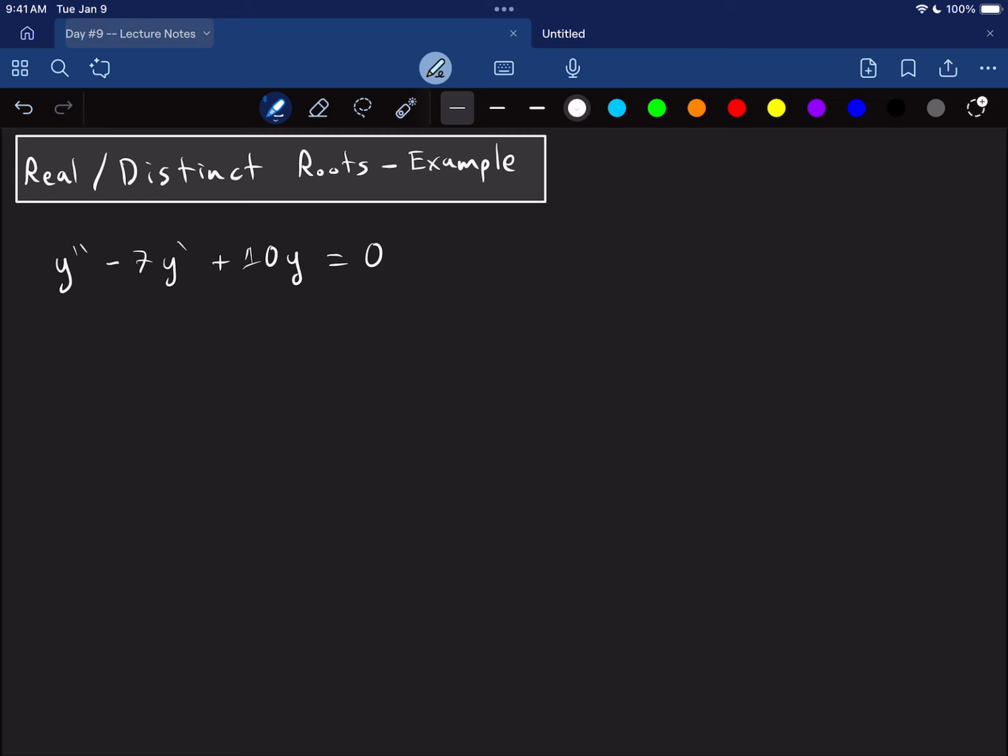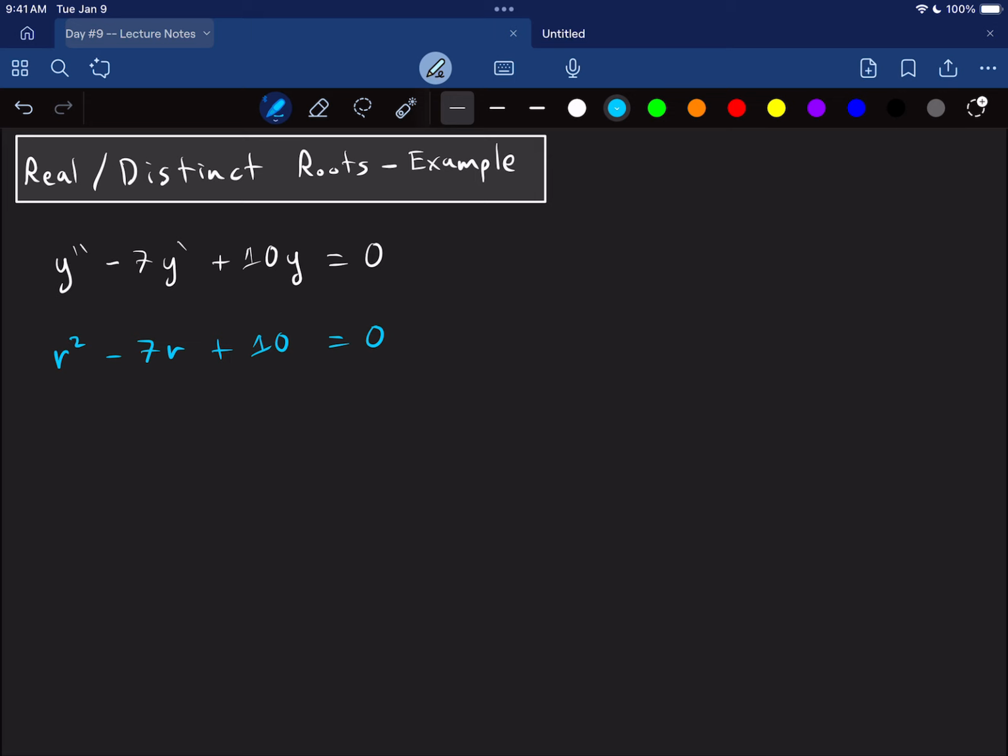Now, if you want to, and I recommend doing this in the beginning, you are totally welcome to say, hey, let's guess y equals e to the rt, and let's plug it in, and let's see what happens. What is always going to happen is it's just going to turn into this. Your y double prime turns into an r squared.